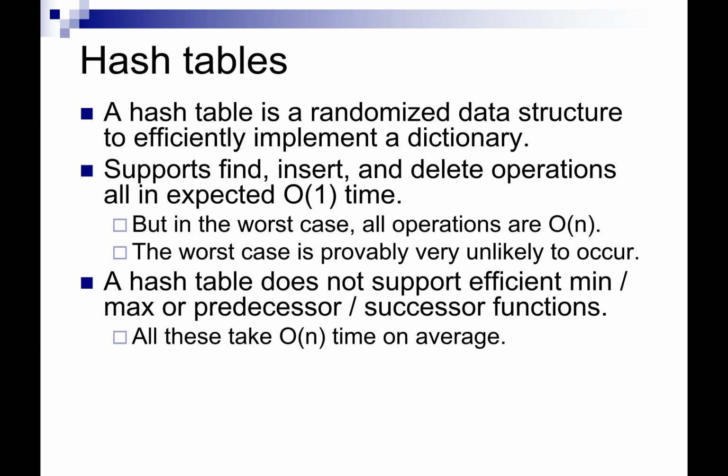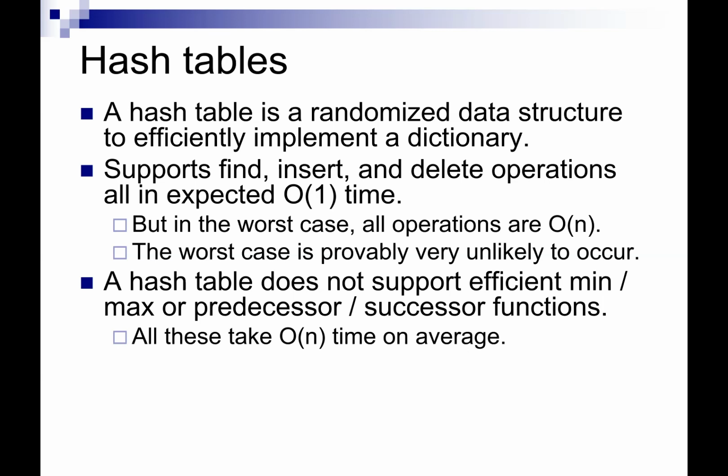One question is, if hash tables are so nice, if they can run in constant time in expectation, then why do we need all these other data structures like binary search trees and heaps and so on? Well, the problem with a hash table is that it doesn't support many functions that we find useful. For example, we don't have any efficient way of finding the minimum or the maximum element in a hash table.